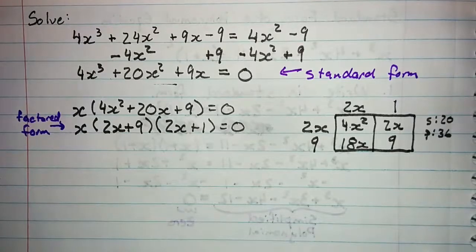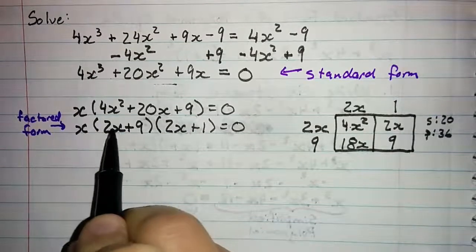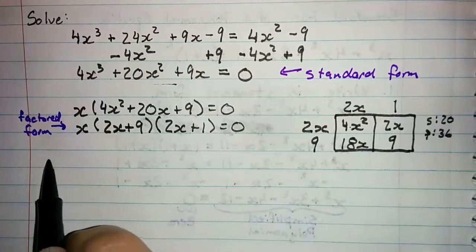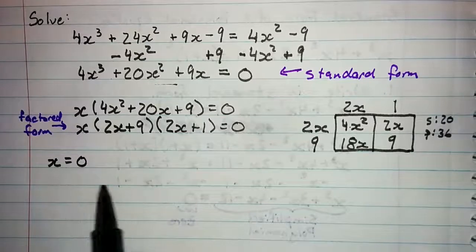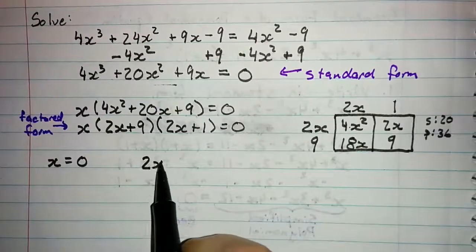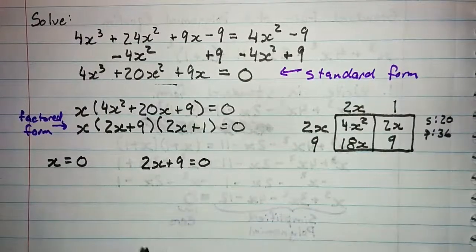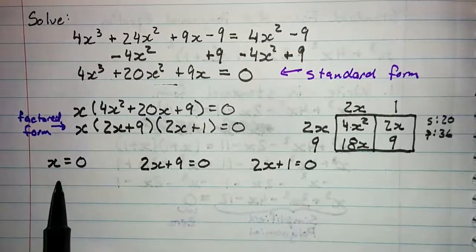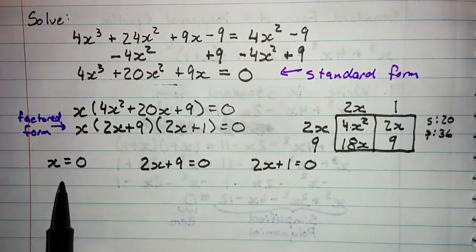And now I know what my solutions are. One of these three numbers I'm multiplying together must be 0. Either x is 0, 2x plus 9 is 0, or 2x plus 1 is 0. This one I don't need to do any work to solve.